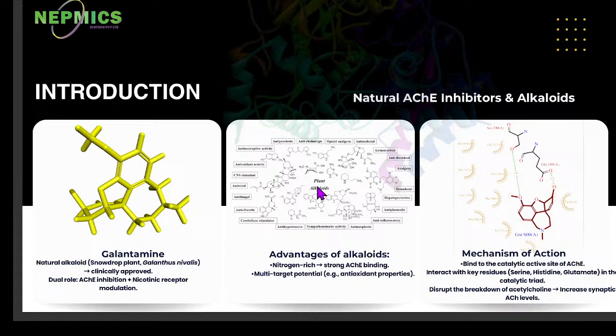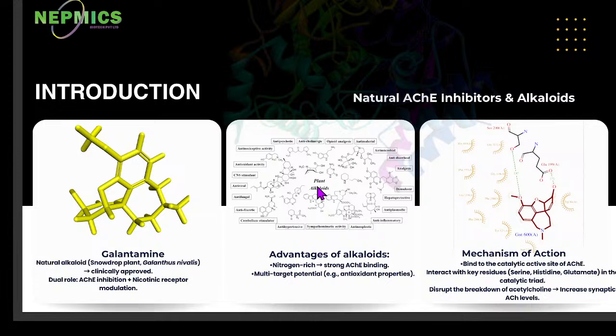After the release of acetylcholine, it can bind onto the nicotinic receptor or muscarinic receptor. Galantamine also modulates the nicotinic receptor, apart from inhibiting acetylcholinesterase, so it has a dual function of being a potent inhibitor.